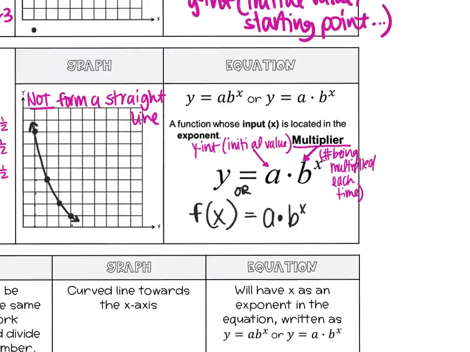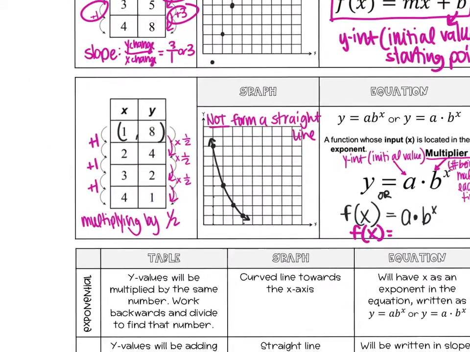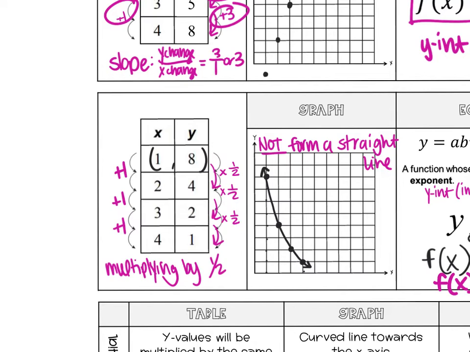So in this case, if I were to plug in, I would want to say, okay, I'm going to keep f of x. My starting point I actually did not have, which I can go back and get in a minute. So let's look at that. If my starting point has an x value of 0, okay? So if I was timesing by half each time over here, I want to think, okay, if I'm timesing by half above the 8, what would I have to have as my y value for half of it to be 8?